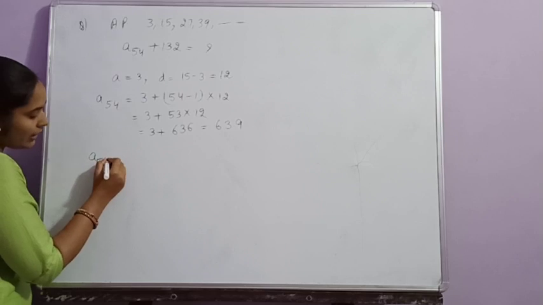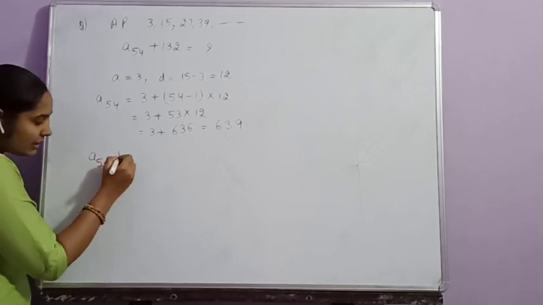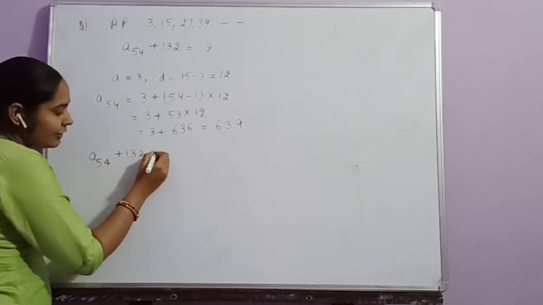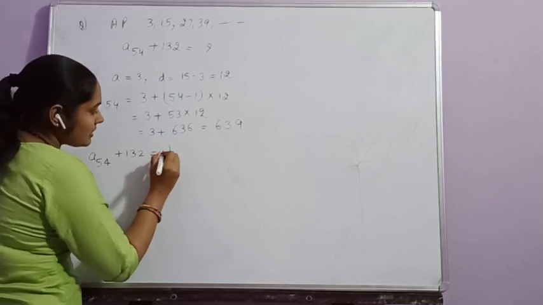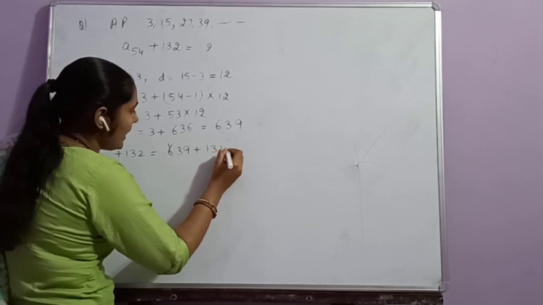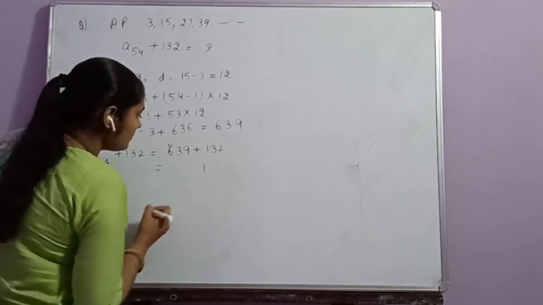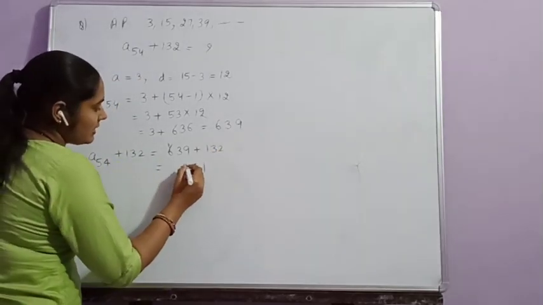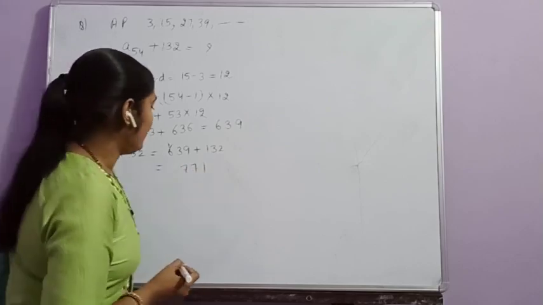And we have to find out the term which is 132 more than A54. That is equal to 639 plus 132, that is equal to 771.